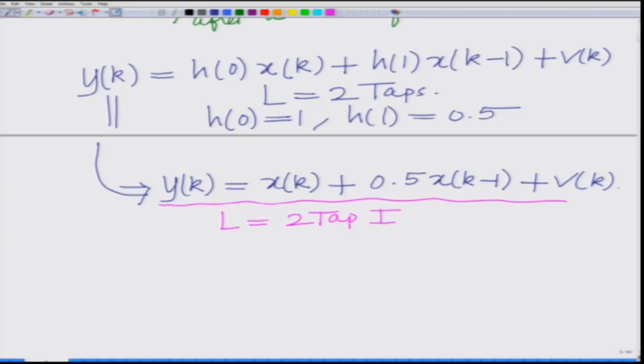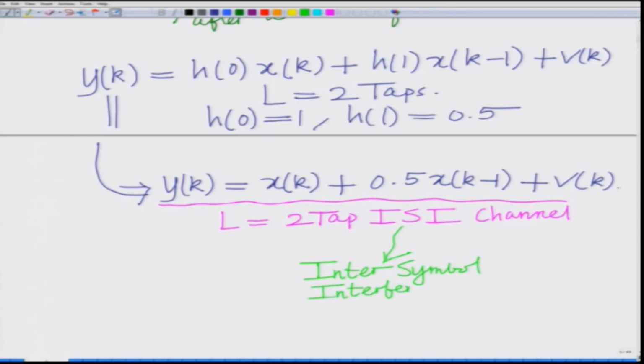Just being a little explicit over here, ISI stands for intersymbol interference. So, we have yk equals xk plus 0.5 xk minus 1 plus vk, where vk is of course the noise sample, and small yk is the received kth output symbol in the time domain.